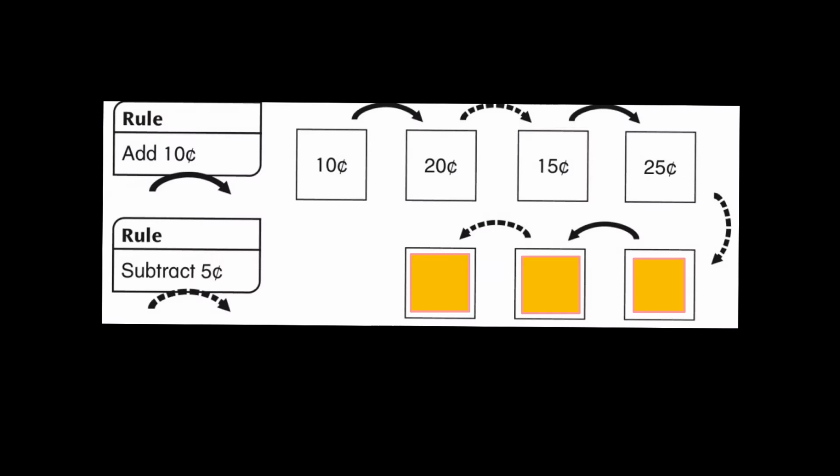So let's try a couple. You got to look closely first at all of these problems. I have two rules. A solid arrow is adding 10. A dotted arrow is subtracting 5. So 10 cents plus 10, and I'm going to go ahead and write my rule above each arrow. I think it's a great idea for you guys to get into that habit too.